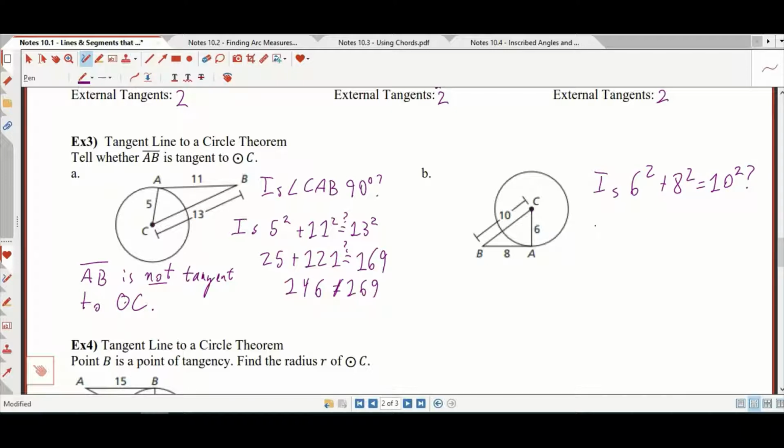So 6 squared is 36. 8 squared is 64. 10 squared is 100, and 36 plus 64 is 100. Is 100 equal to 100? It is, which means that this is a right angle. So BA is tangent to circle C. Yay!